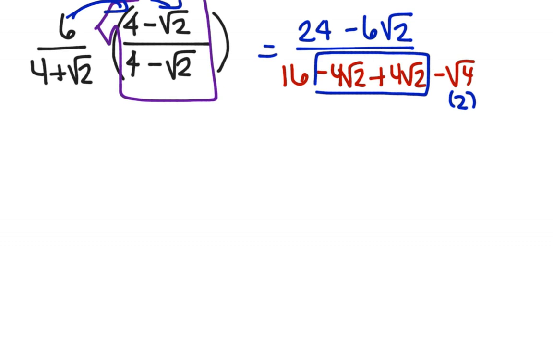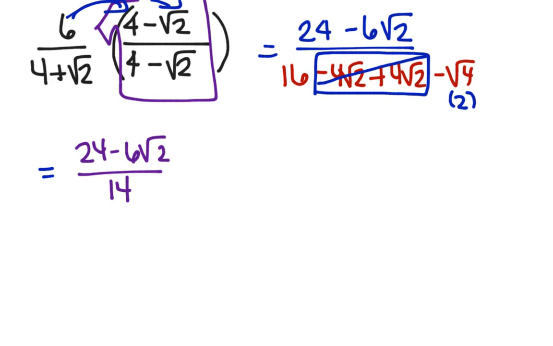My minus 4 radical 2 and my plus 4 radical 2 are 0 radical 2's. And there's the radical gone, which is what we wanted. 24 minus 6 radical 2. On the bottom, we have 16 minus 2, which is 14.